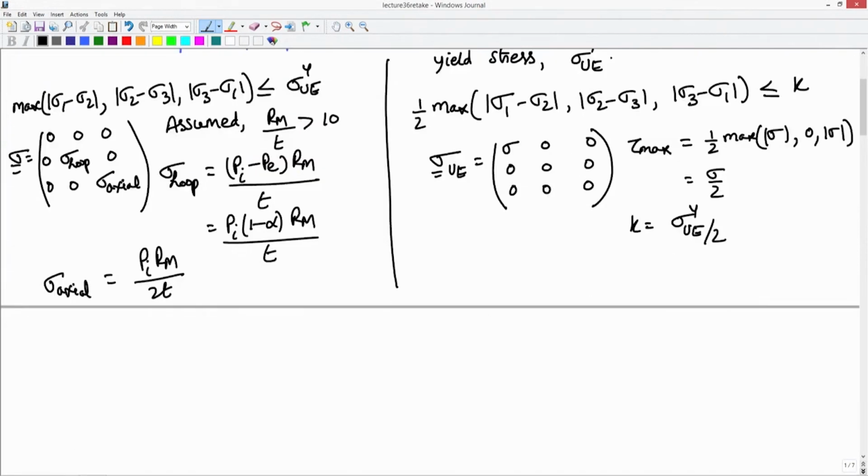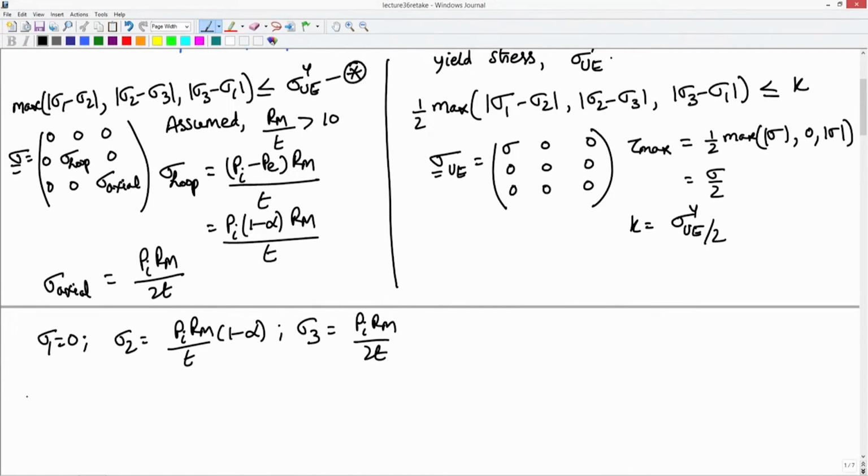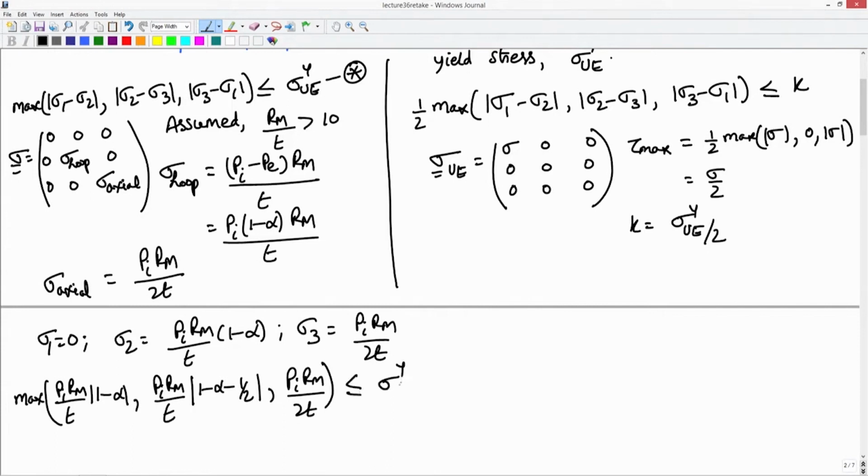So, now sigma 1 would be 0, sigma 2 would be P_I R_m by T into (1 minus alpha), and sigma 3, the third principal stress, would be P_I R_m by 2T. Substituting these values into the star equation, we get the maximum of P_I R_m by T times the absolute value of (1 minus alpha), comma, P_I R_m by T times the absolute value of (1 minus alpha minus 1 by 2), comma, P_I R_m by 2T must be less than or equal to sigma_yue.